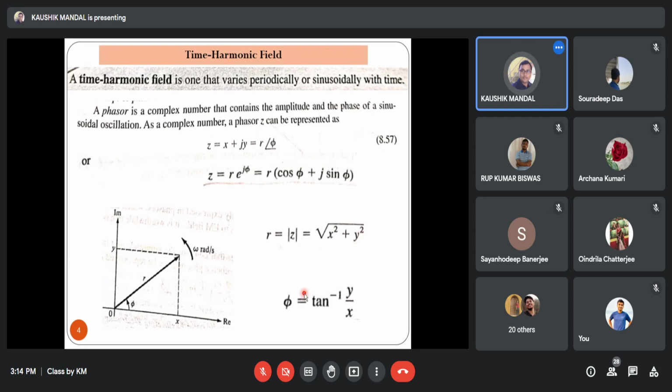And phi equal to tan inverse y by x. So with this basic idea on the time harmonic field, that is varying sinusoidally with respect to time, we can represent it with the help of a phasor or a complex number, that is z equal to r e to the power j phi, where r equal to root of x square plus y square and phi equal to tan inverse y by x.